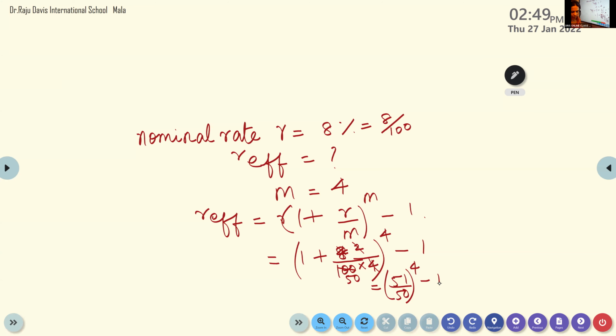In the handbook, the value is not given. But if you go through publications, they are giving some values. In the board exam, anyhow, let's practice this. If they give the value, our calculation will become easy. If they are not giving the value, we have to compute it. What is 51 by 50, Aishwarya? 1.02. Yes. 1.02 whole raised to 4 minus 1.